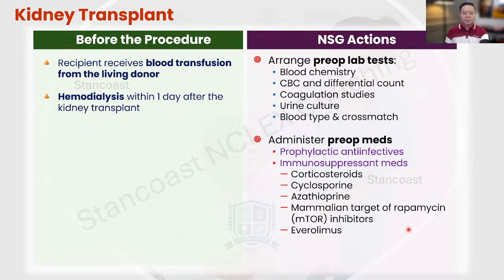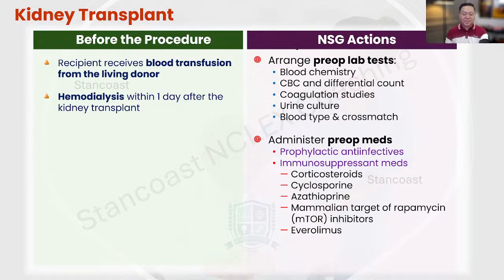Now, another is the mammalian target of rapamycin, or the mTOR inhibitor. So what are the medications in this category? This is a group of medications that will interrupt the T cell signaling, helping prevent the rejection. So this is going to suppress the effect of your T cell, which is one of the forms of your white blood cell, to fight off the donor kidney.